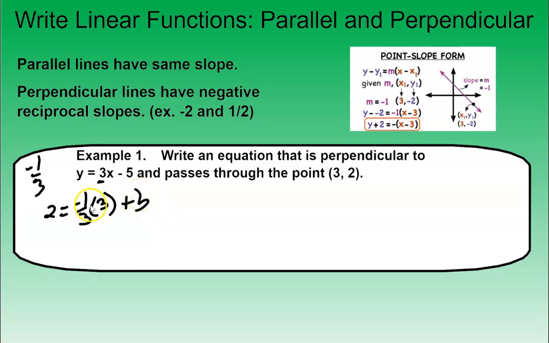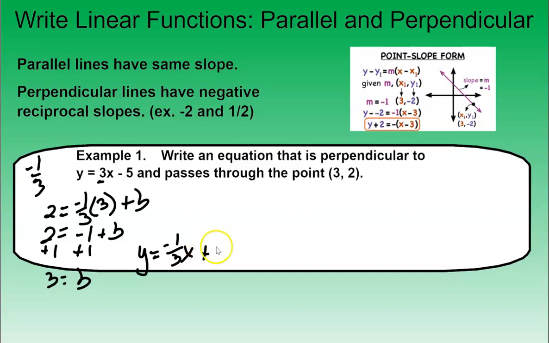So now I have -1/3 of 3 is -1, plus b equals 2. To get b by itself, I'm going to add 1 to both sides, and b is going to equal 3. So my equation would be y equals -1/3 x plus 3.